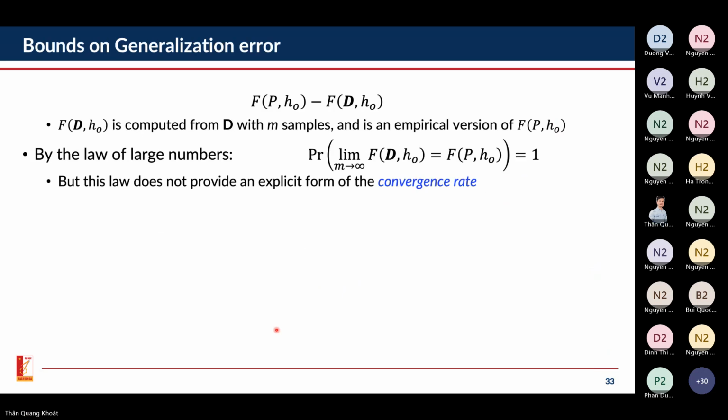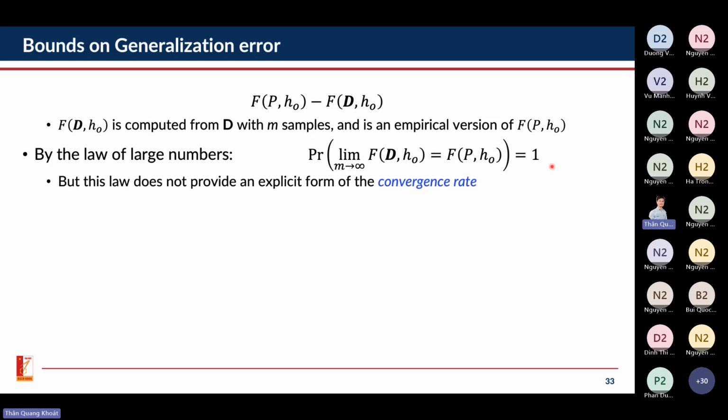And by the law of large numbers, when the training samples are independent, the training error goes to the test error, the population error, when the size of D increases to infinity, and this holds with probability 1.